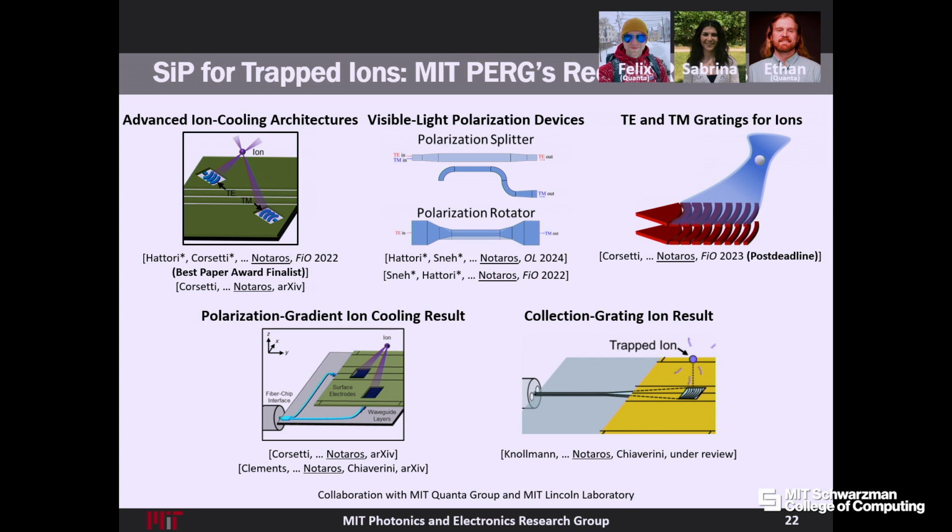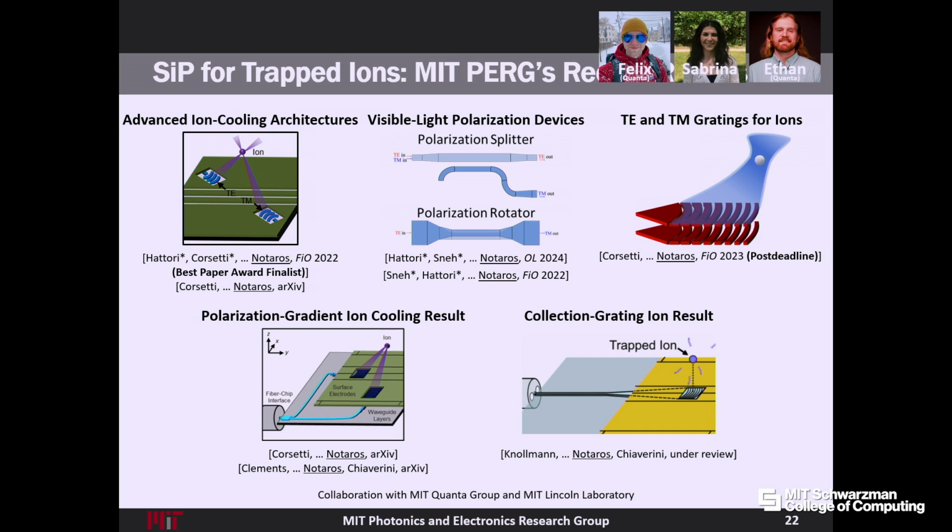And then also, we mentioned how another operation that we need to do with optics for ions is to not just excite different transitions for cooling and state preparation and excitation, but also to be able to collect photons that are emitting out of the ion. And to do that, we have to design what we call collection gratings. So your ion is sitting up here.